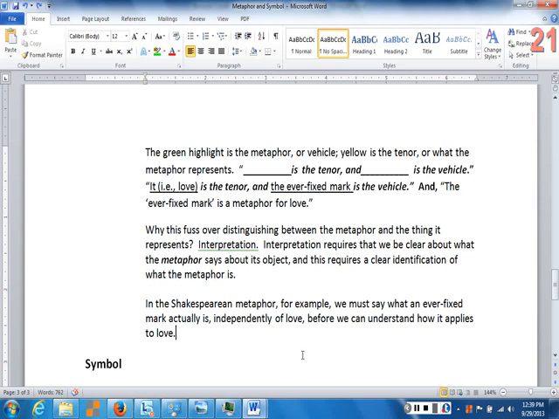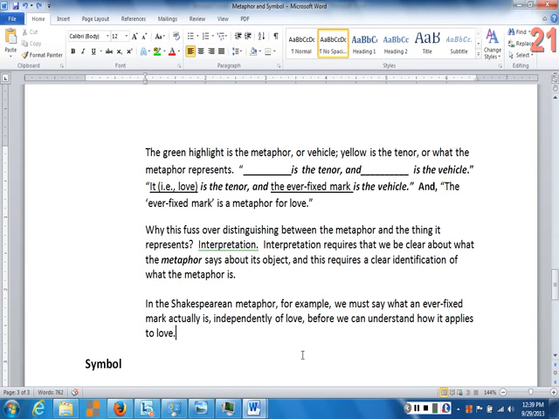So, let me say briefly, this is not a lecture in interpretation, but if we look at the ever-fixed mark that looks on tempests and is never shaken, and we think about lighthouses, for example, okay? We think about that lighthouse standing firmly, say, on the rocks on the shore.